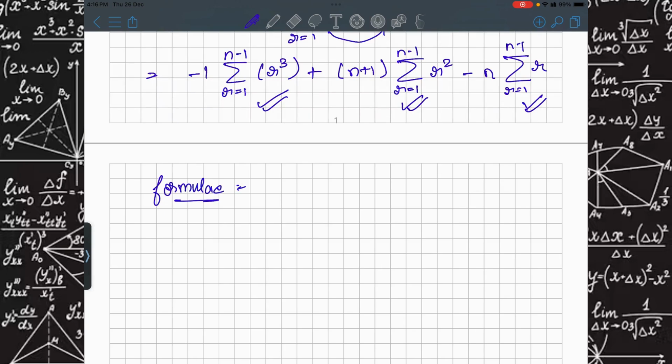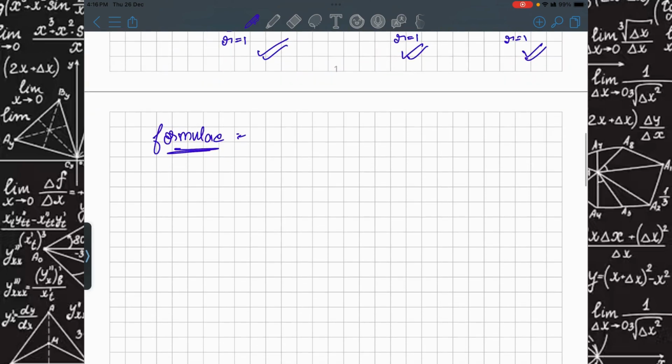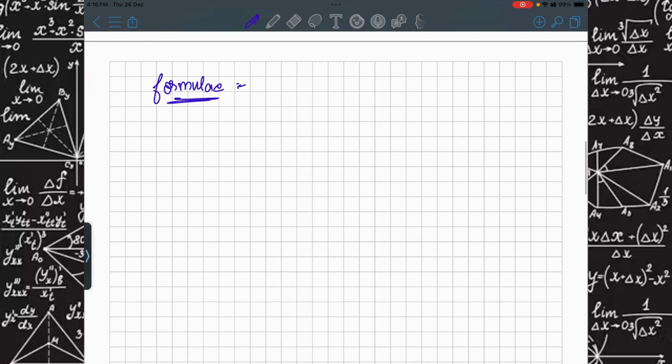If you didn't write these formulas in your formula book, please write it, because this will come in handy during the examinations. Okay, so the first one is summation r equals to 1 to k r cube. Okay, so this formula is nothing but k times of k plus 1 divided by 2 to the whole square. Right.